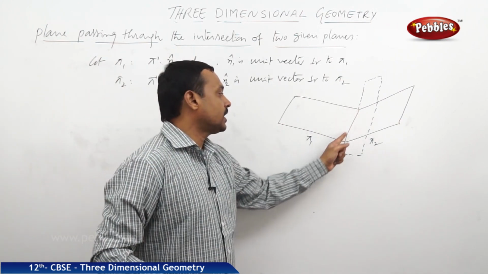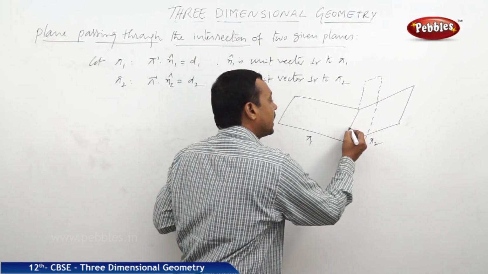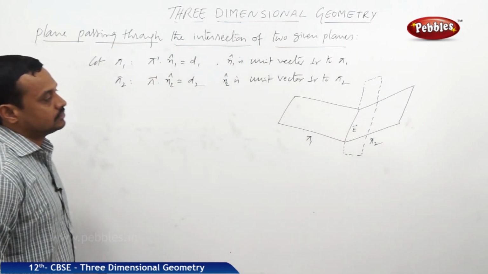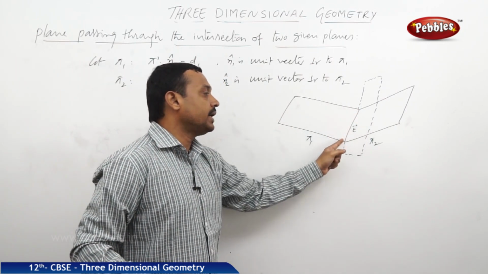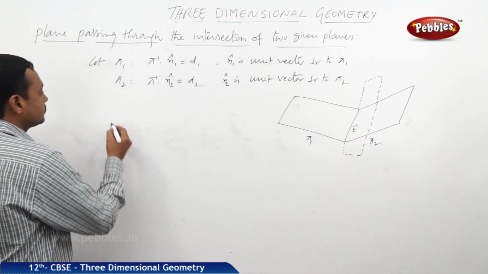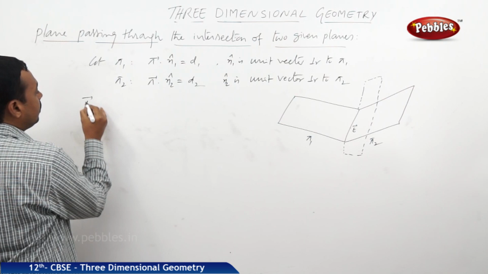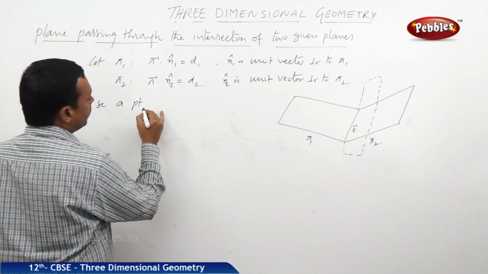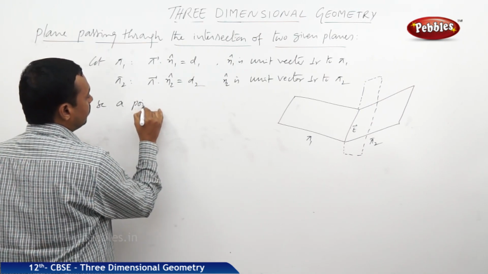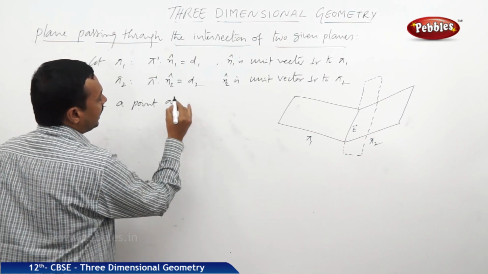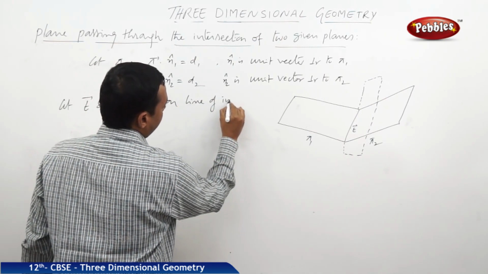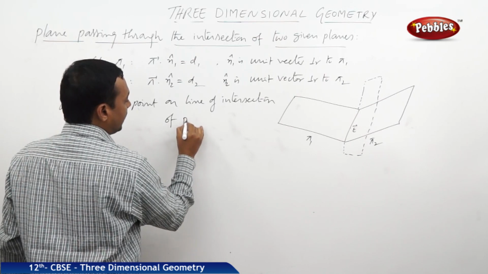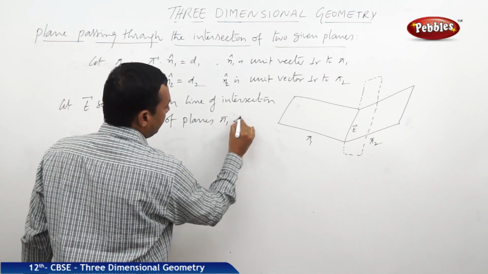Now this is the line of intersection. Here I can take one point with the position vector t bar. Let us take one arbitrary point on the line of intersection. Let t bar be a point on the line of intersection of the planes pi 1 and pi 2.